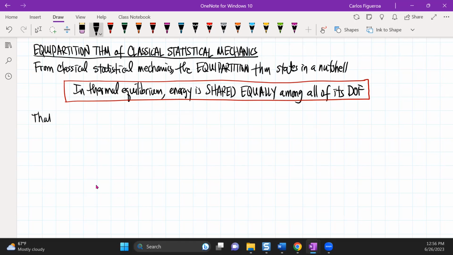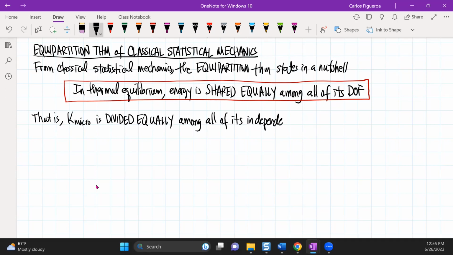So in other words, that is, K micro is divided equally, which is what I said already, among all of its independent kinetic energy parts. Well, things are not so simple.